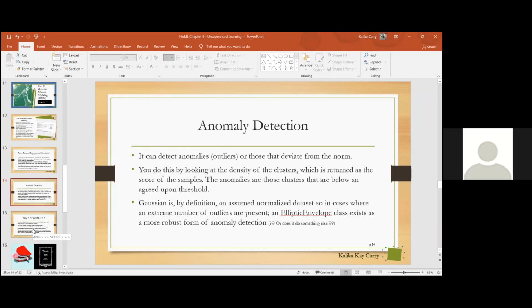Sarah. Yeah, generally speaking, if you're doing anomaly detection, you're not going to be able to use supervised learning, because that assumes that you have training examples and that the new cases will look like the old cases.